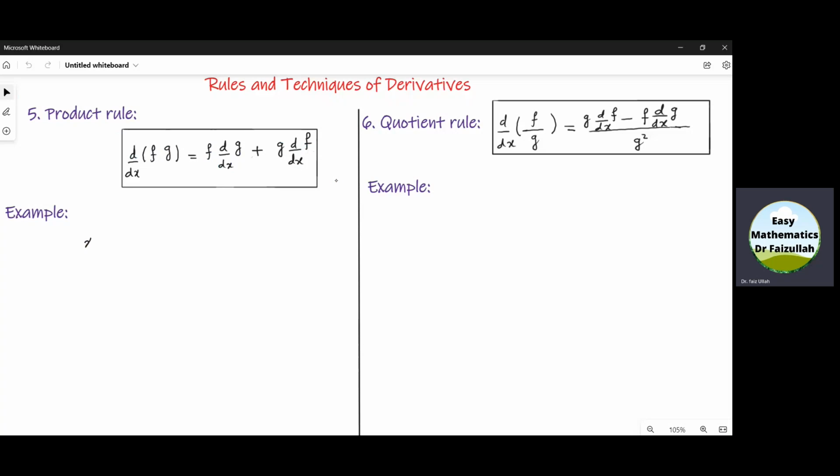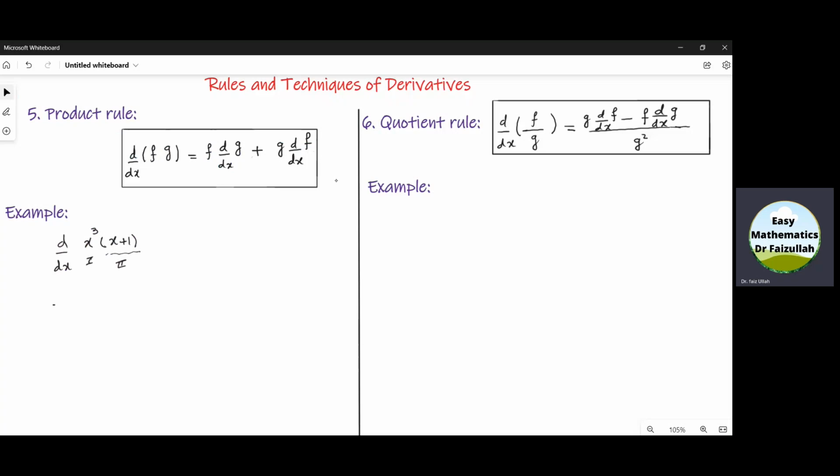We are given a function x cube into x plus 1, and let us differentiate the product of these two functions. We call x cube the first function and x plus 1 the second function.